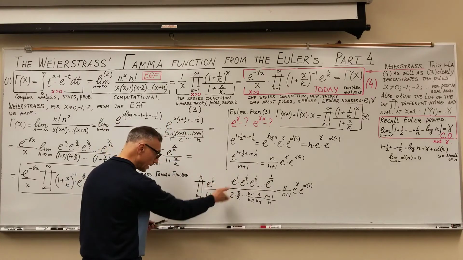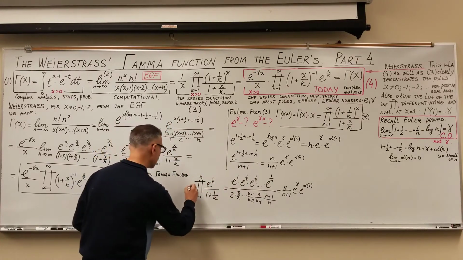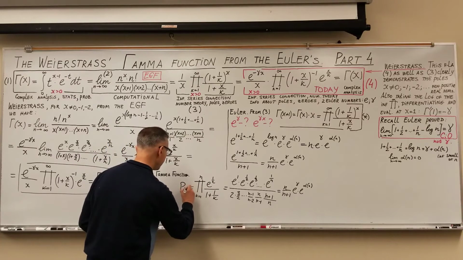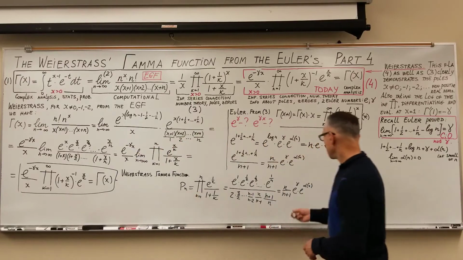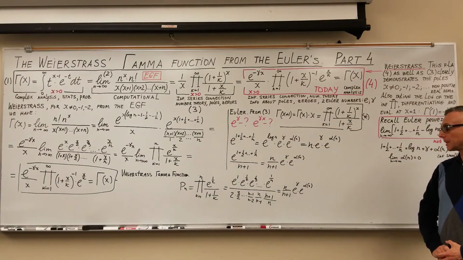So this is what we have, a partial product. You can call it, say, Pn, the partial product, and this partial product is equal to that product.